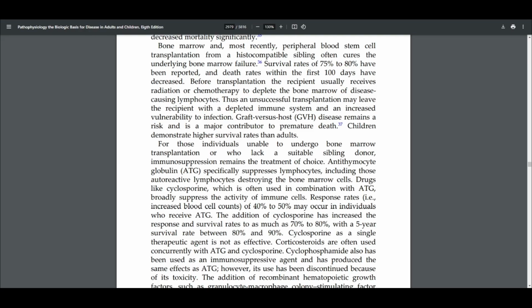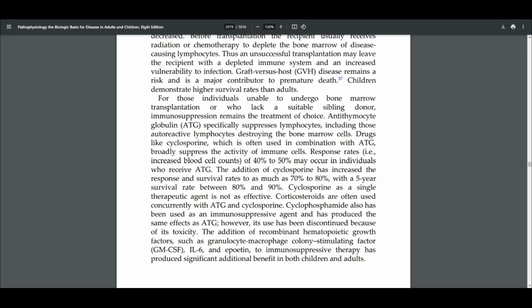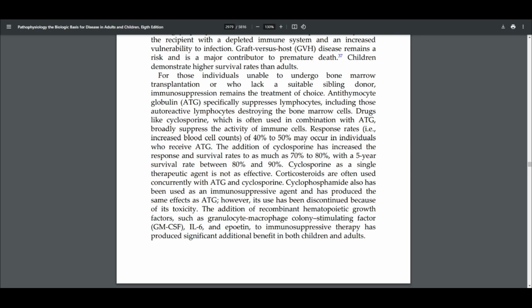Children demonstrate higher survival rates than adults. For those individuals unable to undergo a bone marrow transplantation or who lack a suitable sibling donor, immunosuppression remains the treatment of choice. Anti-thymocyte globulin specifically suppresses lymphocytes, including those autoreactive lymphocytes destroying the bone marrow cells.